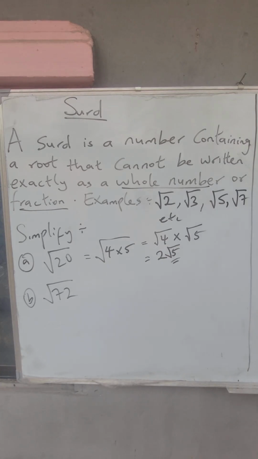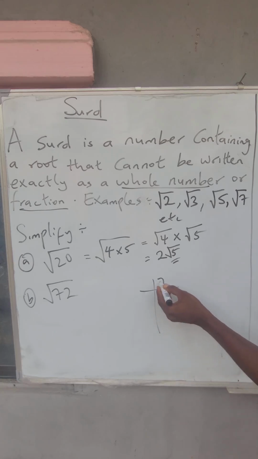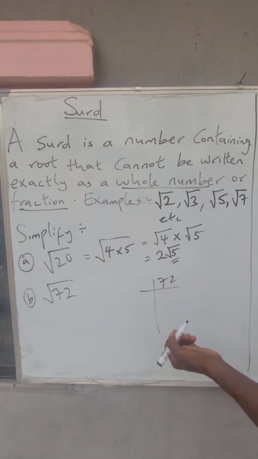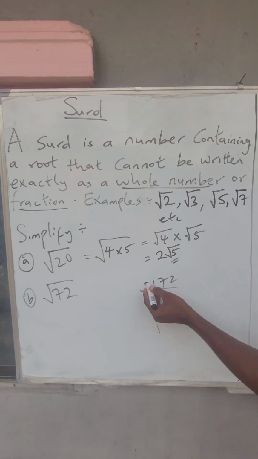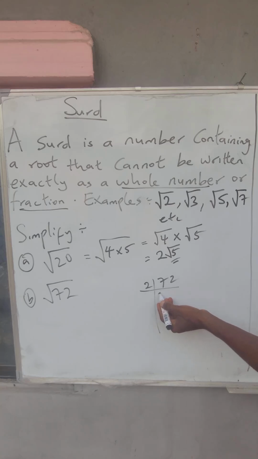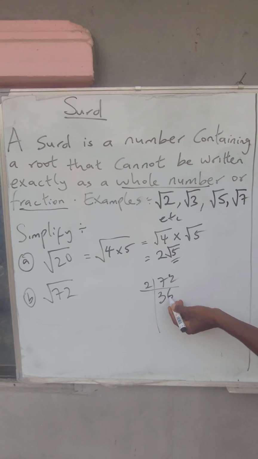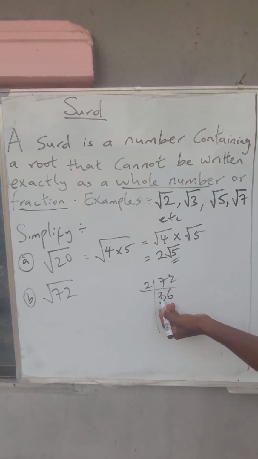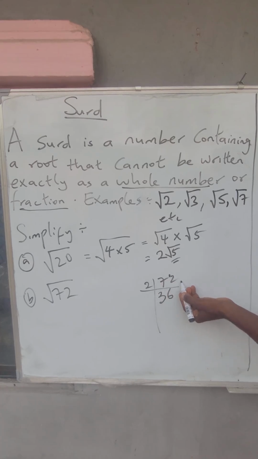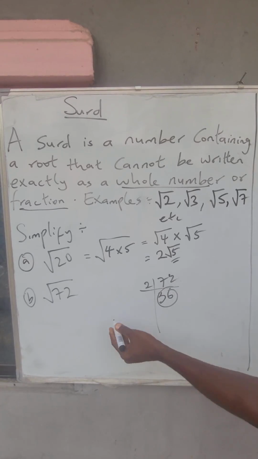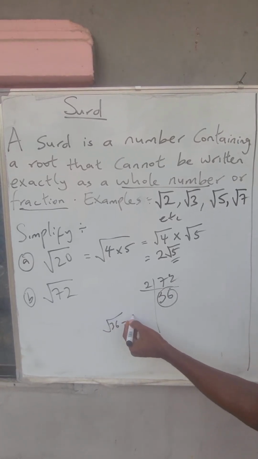Let's try the same thing for this. Now this is 72. We divide with the smallest number that can divide 72, which is 2. So you divide: 2 into 7 is 3, remainder 1; 2 into 12 is 6, so you have 36. 2 times 36 gives you 72. And 36 is a perfect square, because the square root of 36 gives you 6.